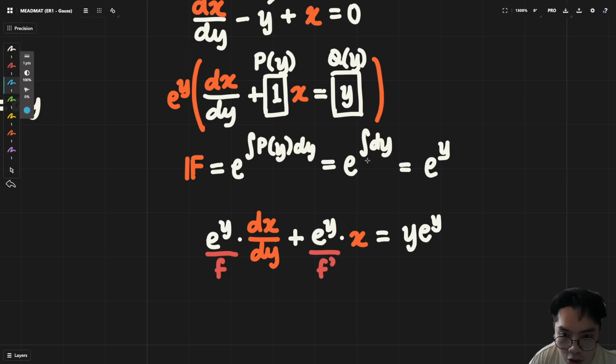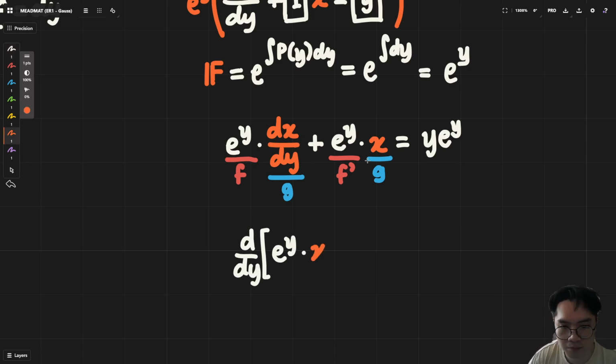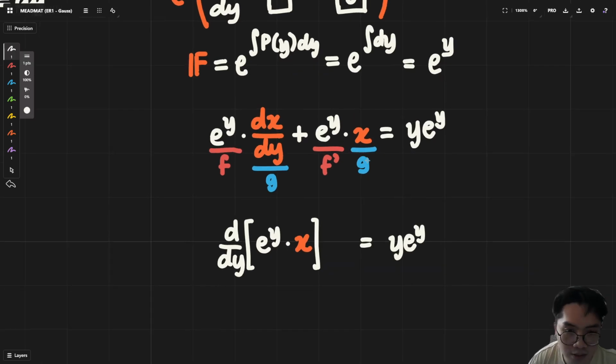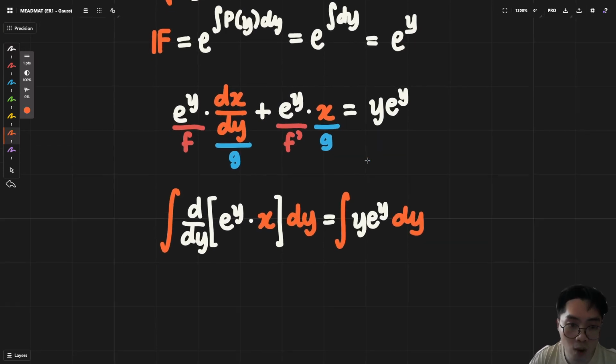If this is your g, then this is your g prime. And we can say, aha, I see, you're just deriving with respect to y this time, this thing, e raised to y times x. And then now, we can equate that to this thing, y e raised to y. And what can basically happen is that we can just integrate with respect to y on both sides.